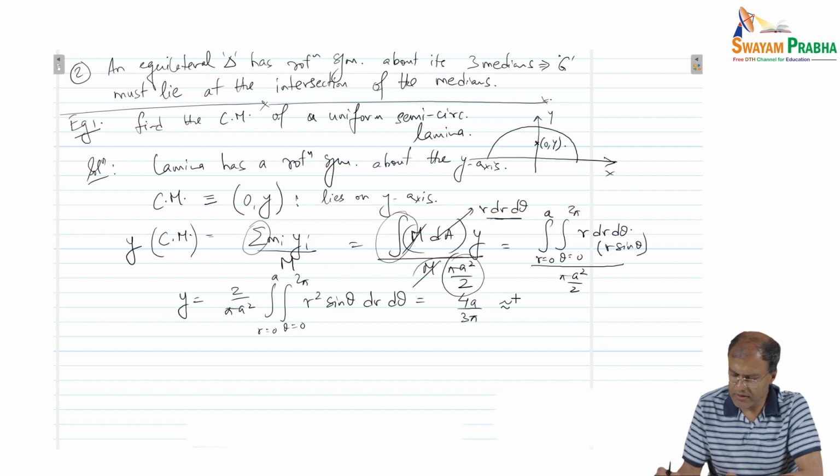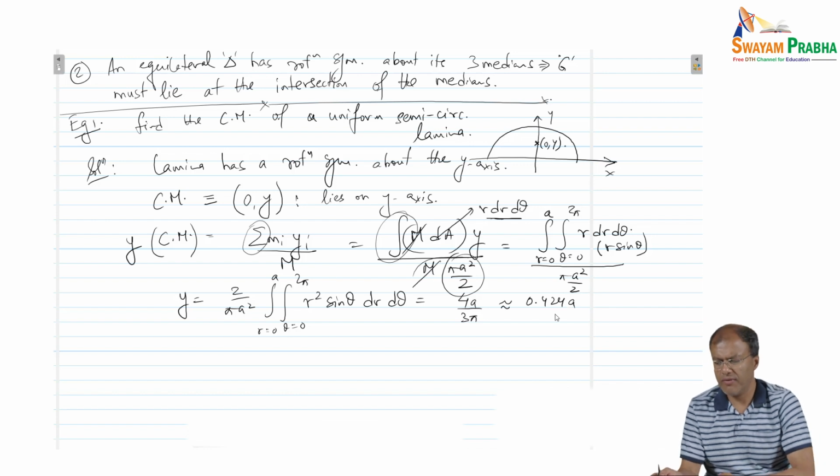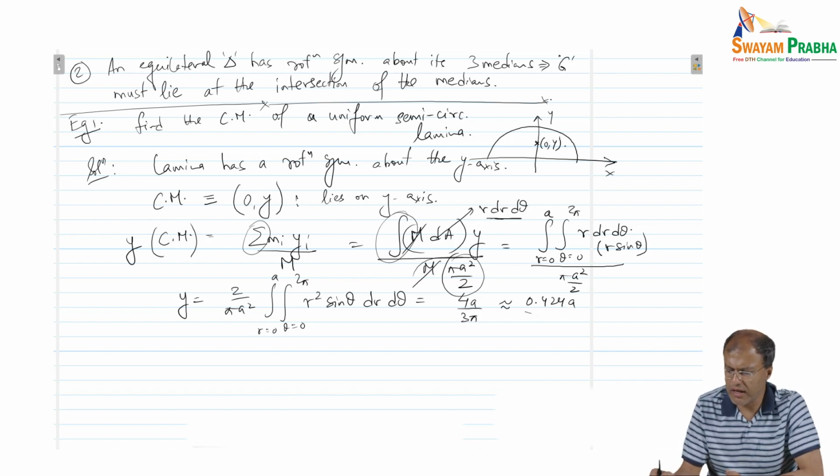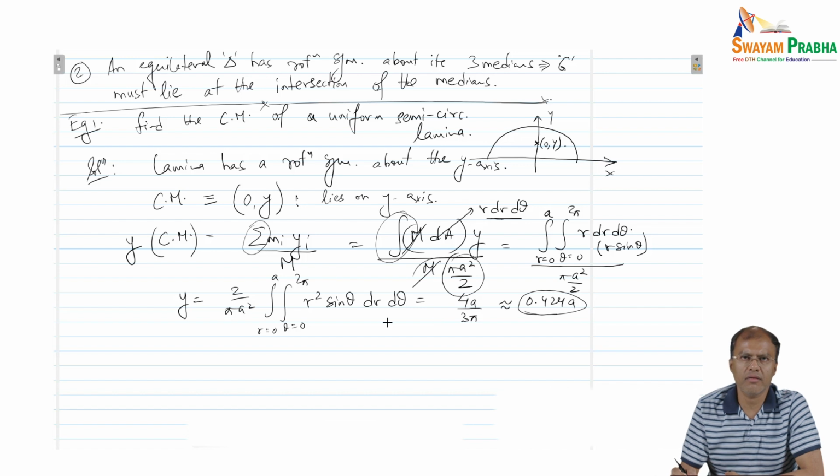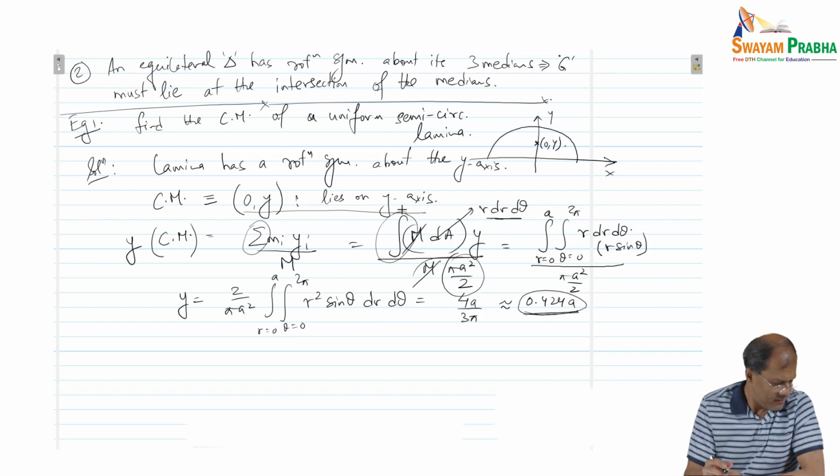And we get that this is roughly 0.42a, which is roughly about half the distance. So not exactly half the distance. What I want to say is that the answer itself is non-trivial, right? We cannot just conclude that not only does the center of mass lie on the y-axis, but it is also half the distance. That is not true. So the final answer is non-trivial, but at least the symmetry has simplified our problem.